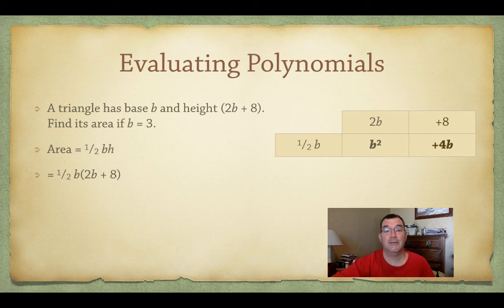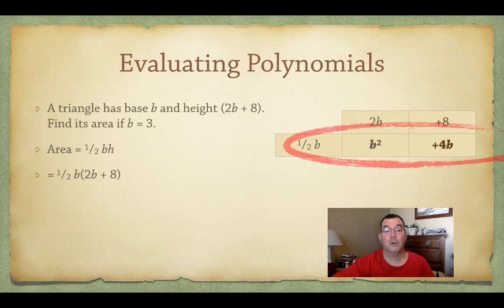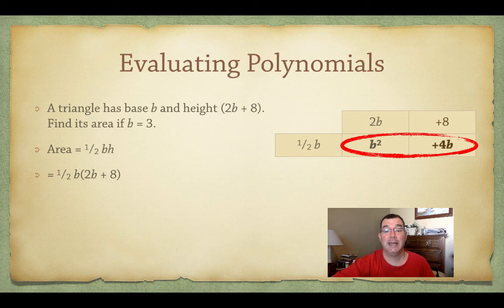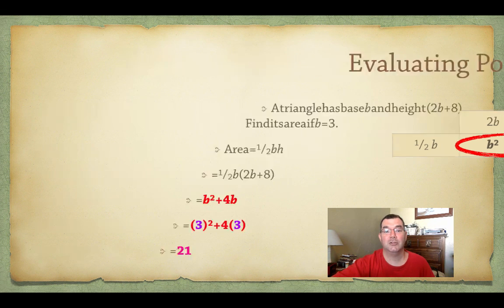So the area of the triangle before I replace b with anything is b squared plus 4b. Now I replace b with the number 3, because I was told that b was equal to 3, and so b squared plus 4b becomes 3 squared plus 4 times 3, and that is 9 plus 12, which is 21. So that's the area of that triangle.